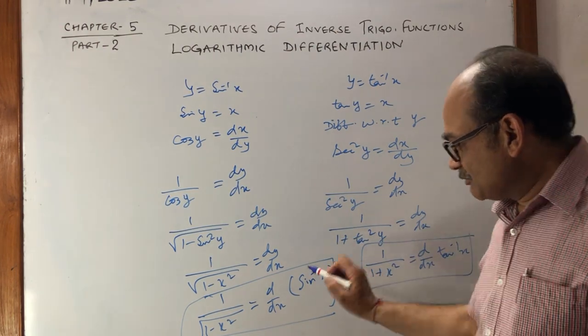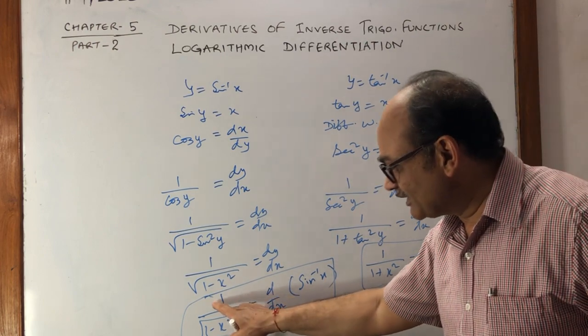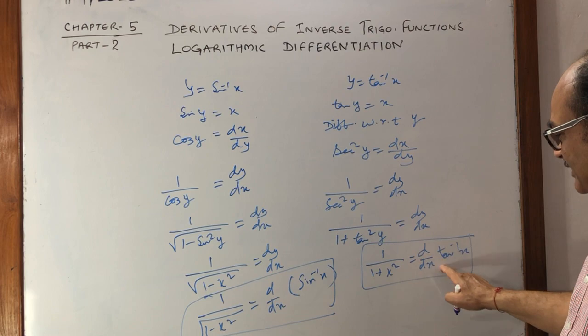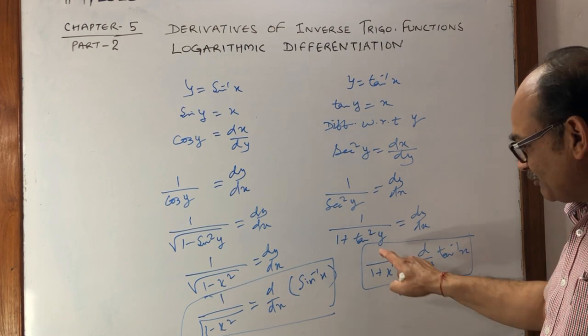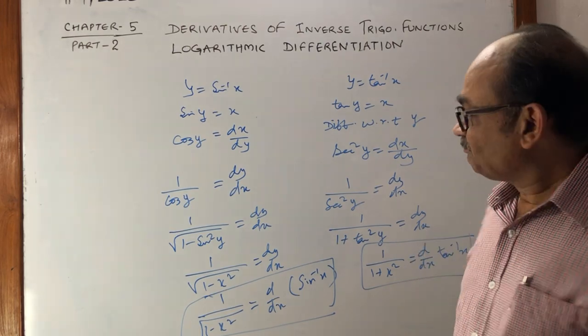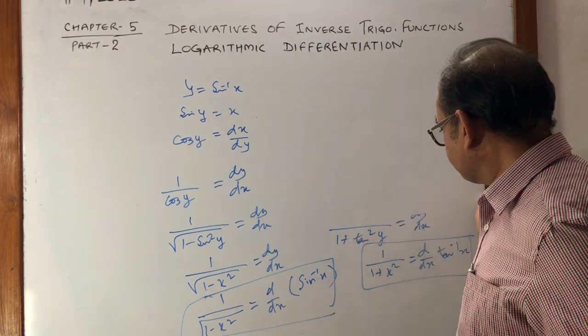For example, d by dx of cos inverse x, simply you have to put a minus. Similarly for d by dx of cot inverse x, simply put a minus. And the last one, the pair of sec and cosec.